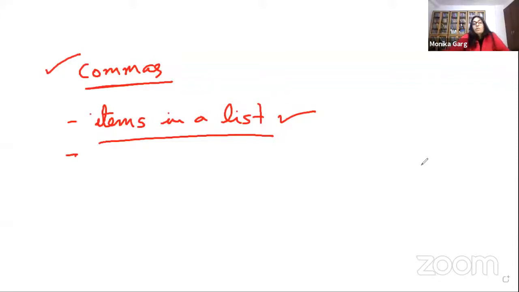Now, you must also put a comma when you're starting with a phrase which is introductory. Like if I say, nowadays, it's very cold in Delhi. So nowadays, comma, it's very cold in Delhi. Or if you have a prepositional phrase in the beginning, you put a comma after it and then you put your subject.